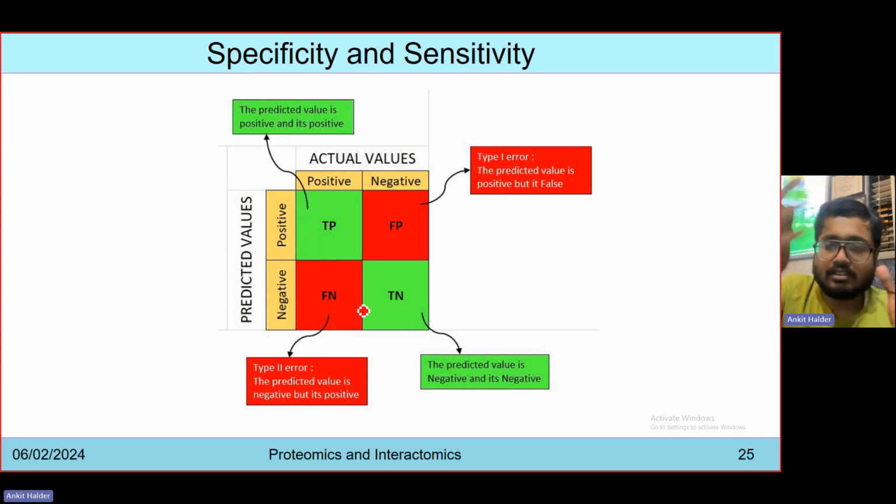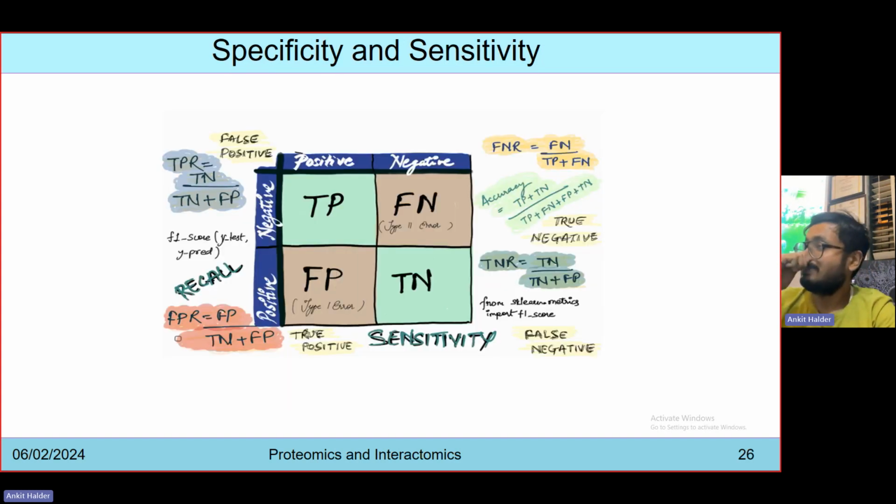When a person is in a disease condition, but you are saying that it is not disease, that is the false negative. It is not negative, it is actually positive, but it is saying negative. Then that kind of biomarker would become very much detrimental, because a diseased person would be treated as a non-diseased one.